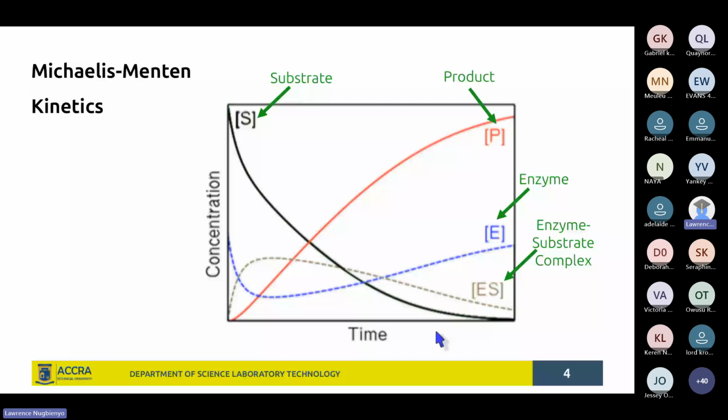So the Michaelis-Menten kinetics took into consideration factors such as the substrate concentration. You can see the curves which we saw much earlier. See that the concentration is on the vertical axis and time is on the horizontal axis.